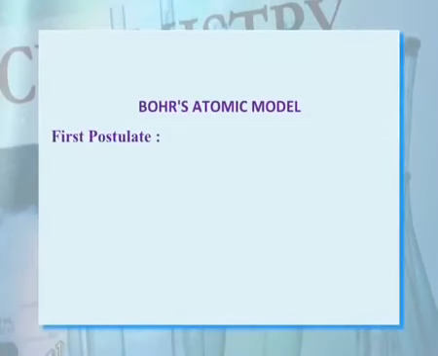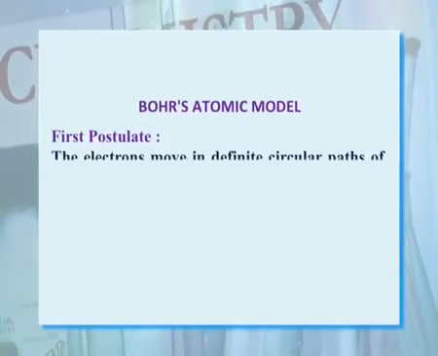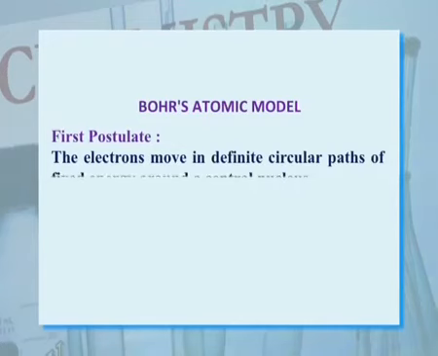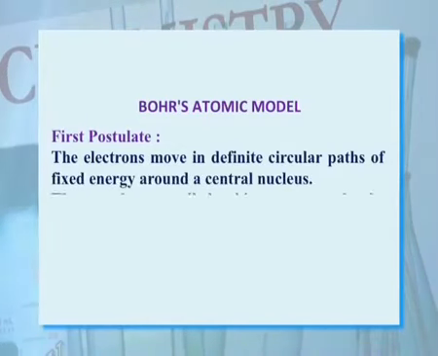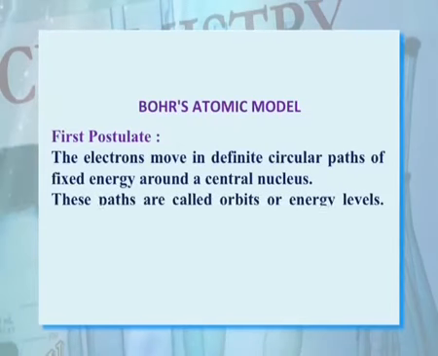Now, after the failure of the Rutherford atomic model, Bohr proposed his atomic model and its important postulates are like this. First postulate: the electron moves in defined circular paths of fixed energy around a central nucleus. These paths are called orbits or energy levels.